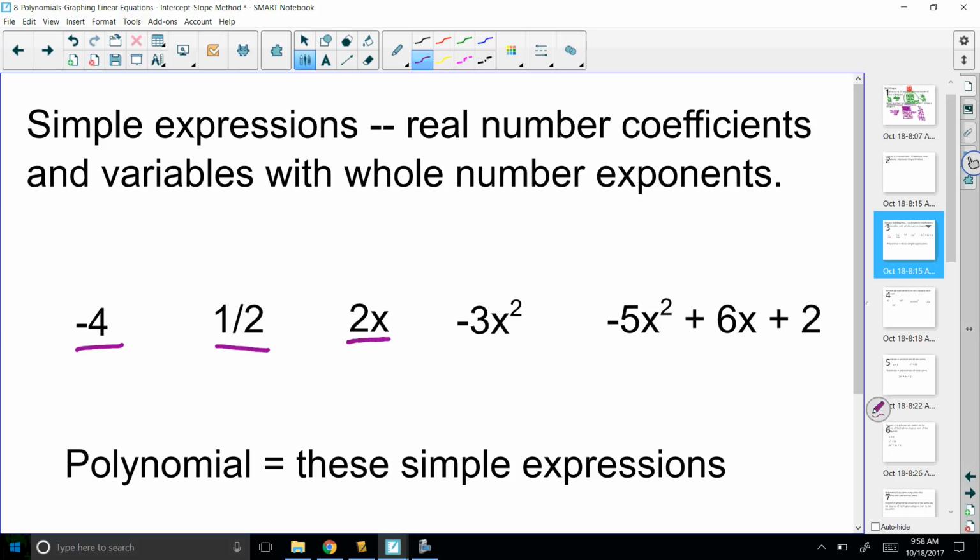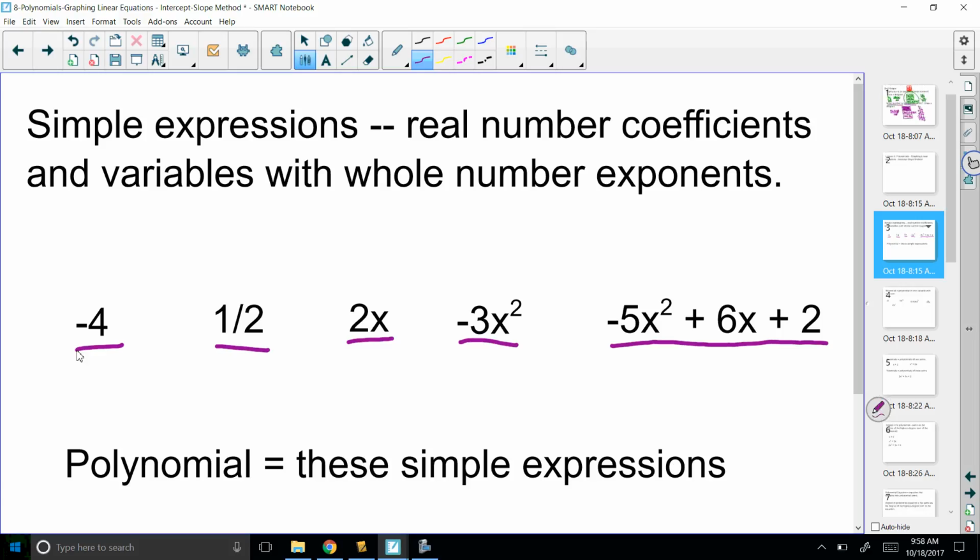You can talk about 2x as a simple expression. -3x squared is a simple expression. This is still pretty simple. -5x squared plus 6x plus 2. The only reason it's a little more complicated than the first 4 that I have listed is because it actually has 3 terms. So we've gotten into more terms, but it still is a simple expression.